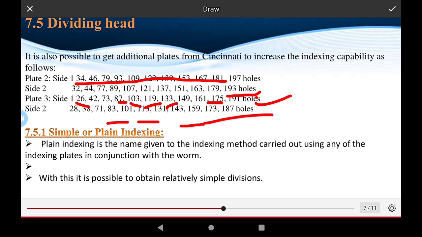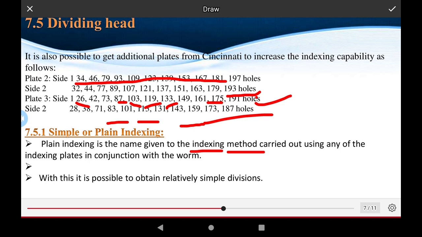Simple, or the plain indexing. The plain indexing is the name given to the indexing method carried out using any of the indexing plates in conjunction with the worm wheels.